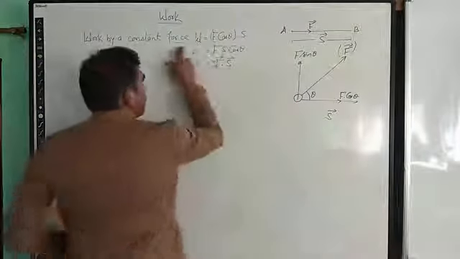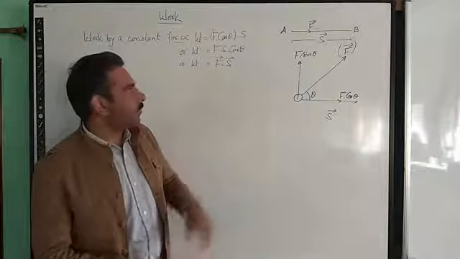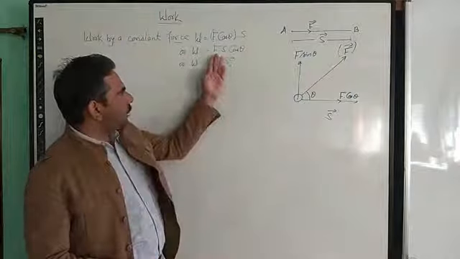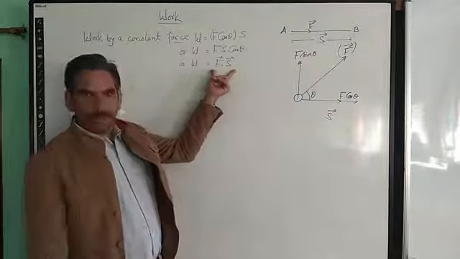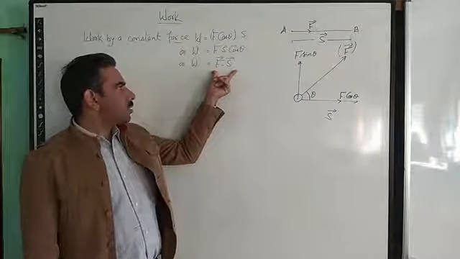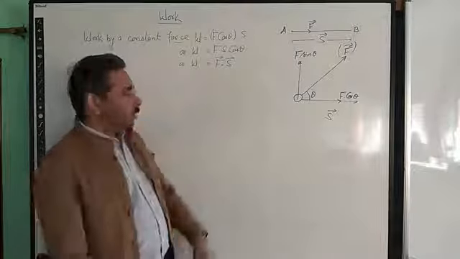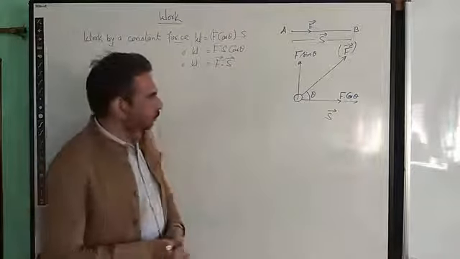It is written as F cos theta, meaning the force which is only F cos theta and not F, times the displacement, which we can rearrange to write as F into S into cos theta, and this is nothing but the dot product of vector F, meaning force, and vector S, meaning displacement. So this is how we understand the work done by a constant force.